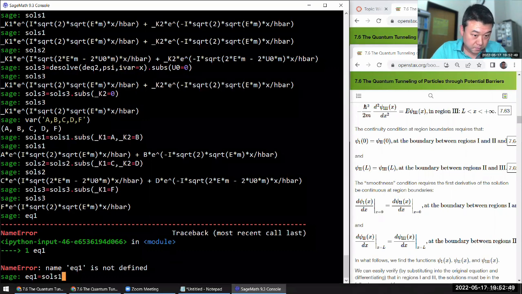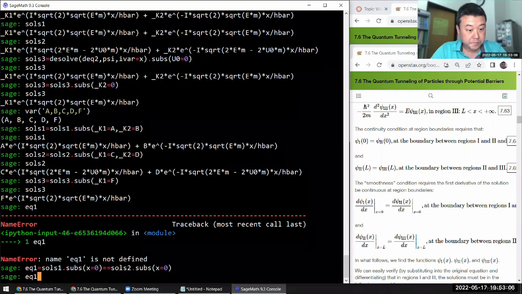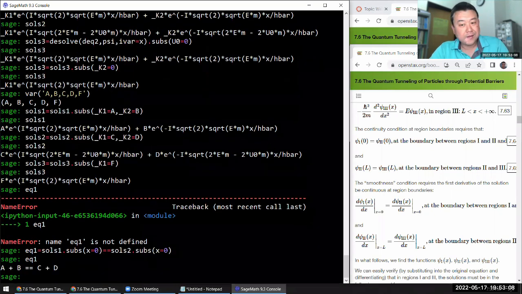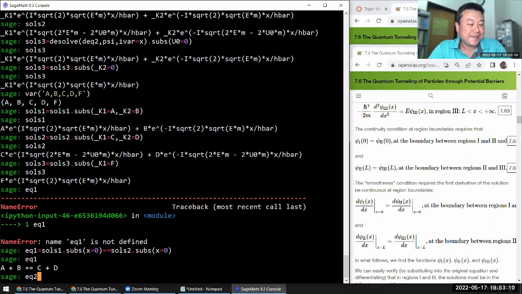So I say solution 1, substitute in x equal to 0 is equal to solution 2, substitute in x equal to 0. Yeah, that's my first boundary condition, equation 2. And that will be this equation here.